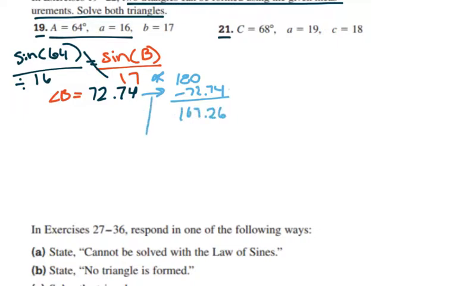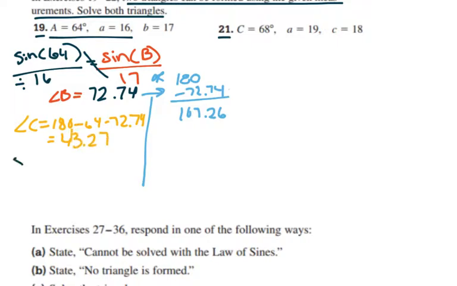And so now we split into 2 categories here, where one of them we could continue this original one to find angle C. So angle C is going to be 180 minus 64 minus 72.74. So 43.26.